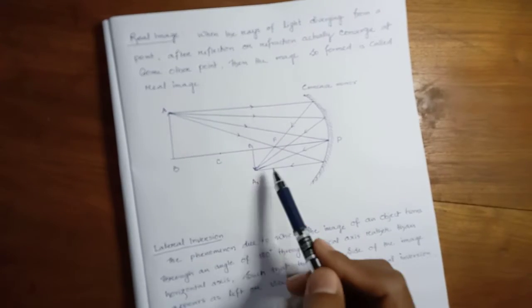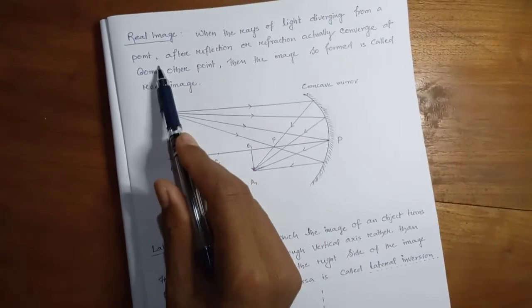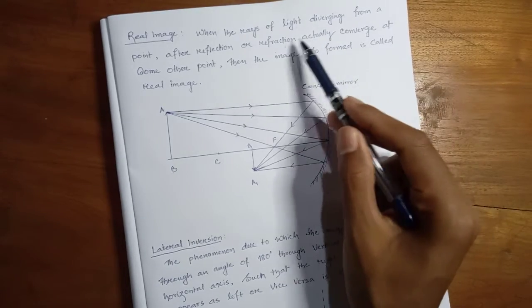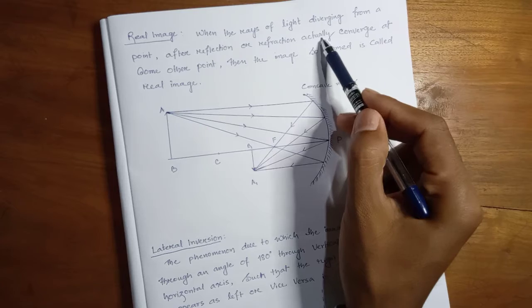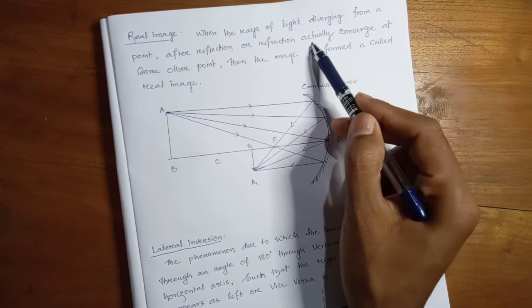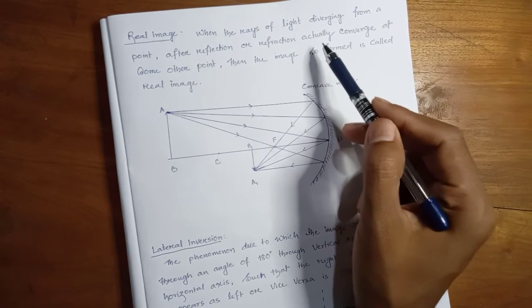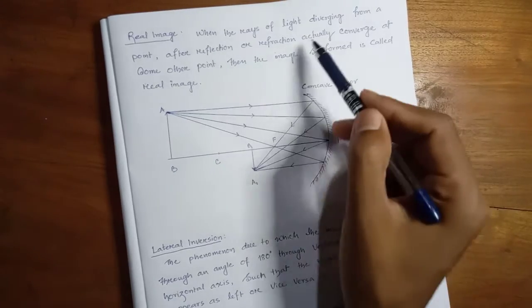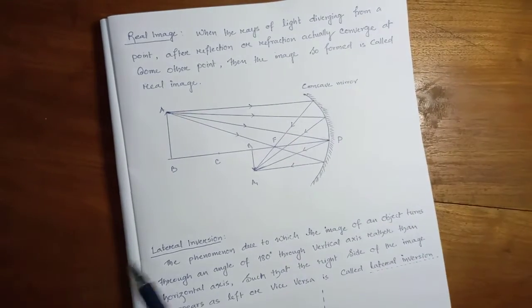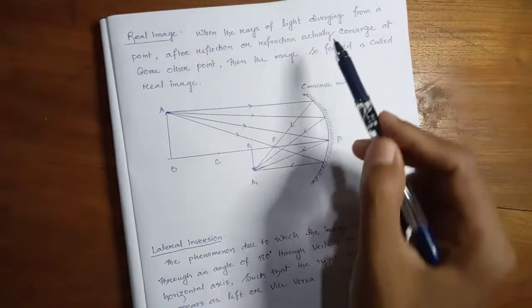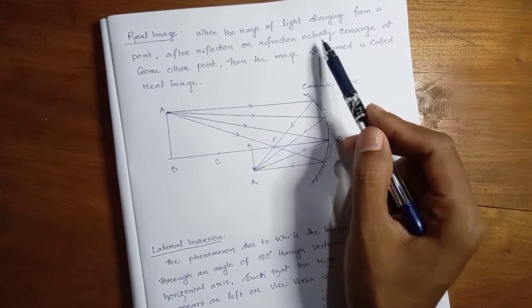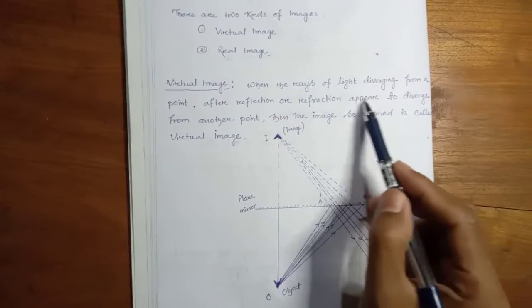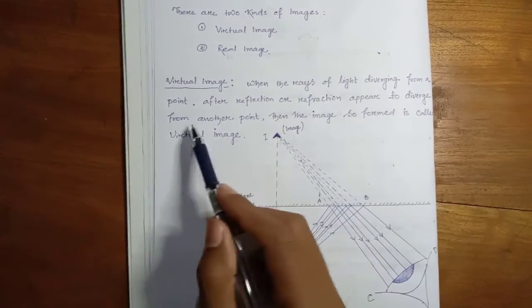In case of real image, these rays actually converge and meet at some other point. In case of partial image, they only appear to meet, but actually do not. In case of real image, the reflected or refracted rays actually converge and meet, but in case of partial image, they appear to diverge from another point.